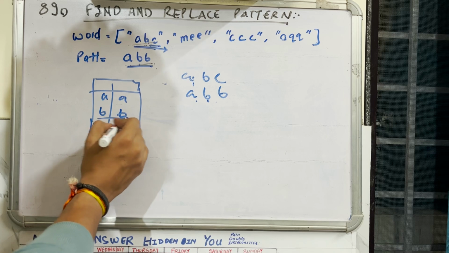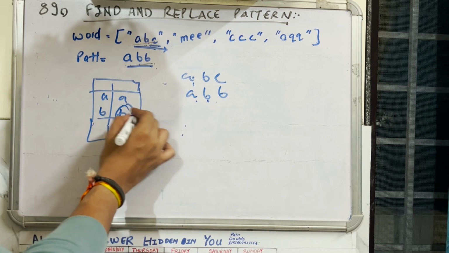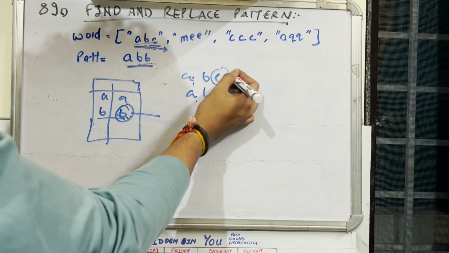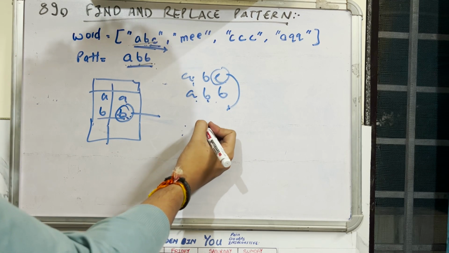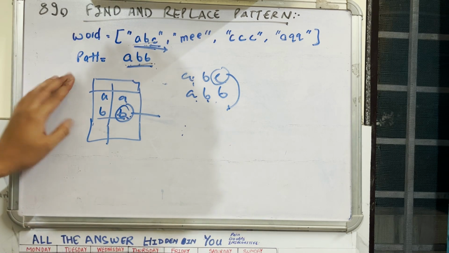You can see B is already matched, and if the value that you have matched is not equal to the value that you are going to match, then you'll return false or you won't add this word. Then you'll think this is a solution, but there is one more catch.